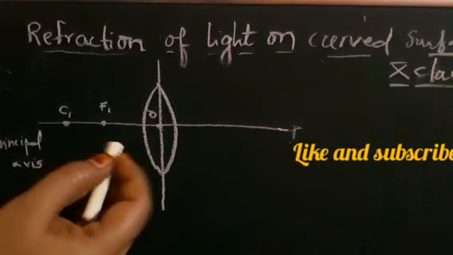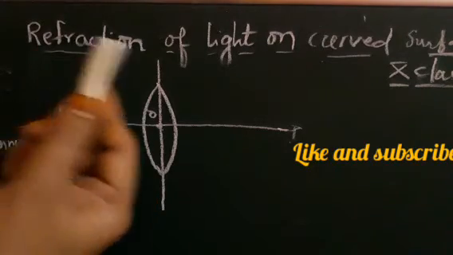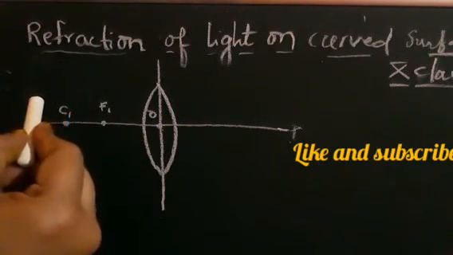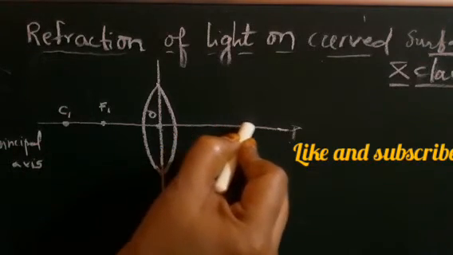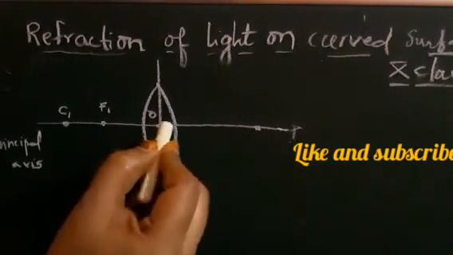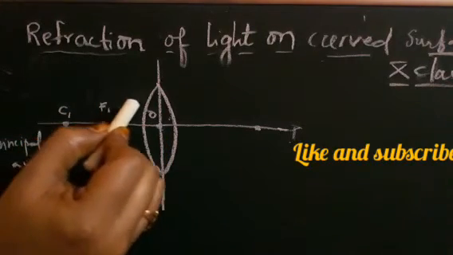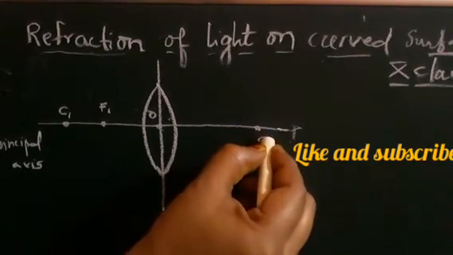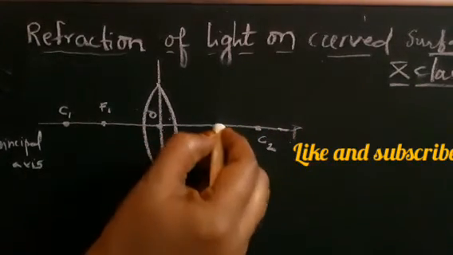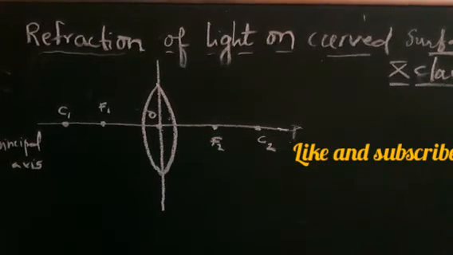As we said, the rays can be refracted on both sides, so there is one more center of curvature. One center of curvature is for this side, and the other is for this side. This can be written as C2, and the focus point here is written as F2.